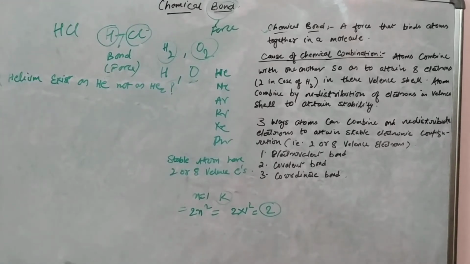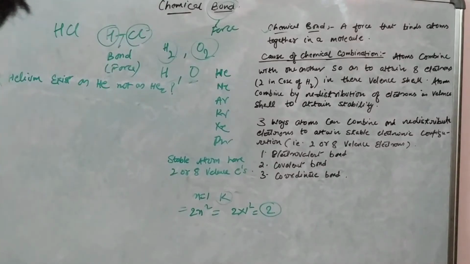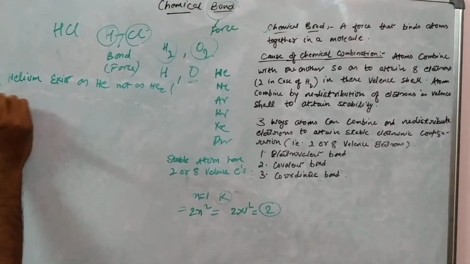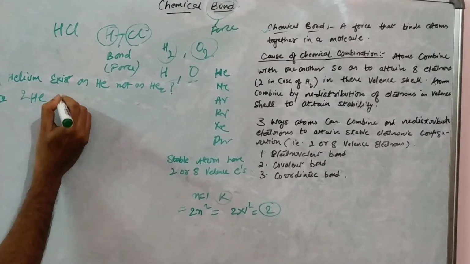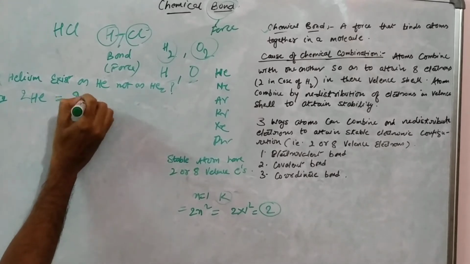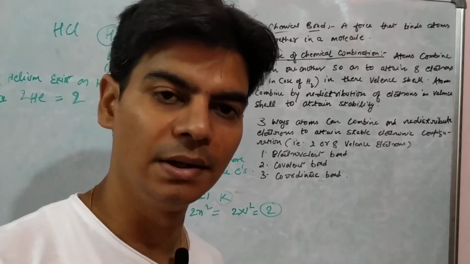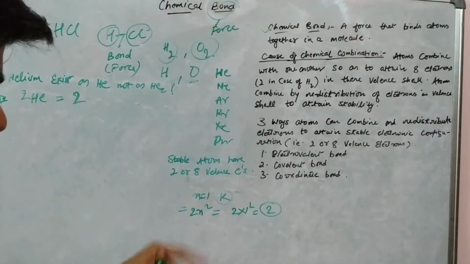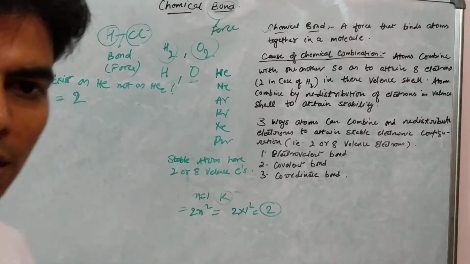We know the atomic number of helium is 2, right. Helium has atomic number 2, so the electronic configuration would be 2. That means, like hydrogen, it also has only one shell, which is the K shell, and we know the K shell can hold a maximum of 2 electrons.